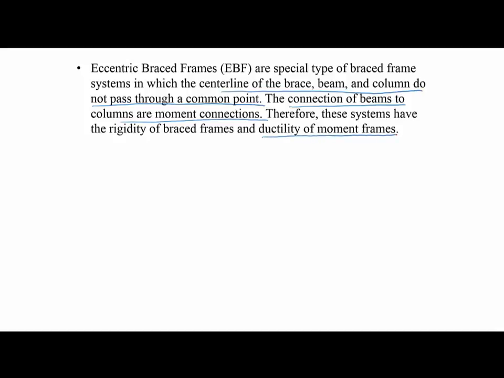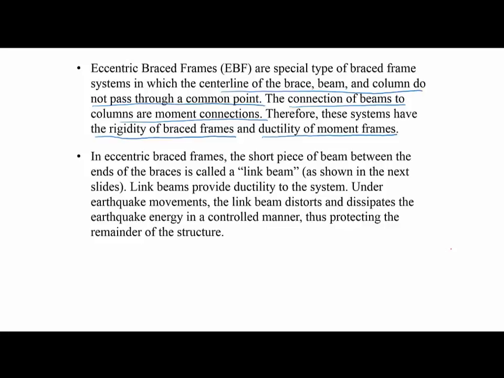Since they behave like moment frames, they provide more ductility. At the same time, since they are also brace frames, they provide more rigidity than moment frames. Then we have both the ductility of a moment frame and the rigidity of a brace frame within the eccentric brace frame. And that is in fact the advantage of eccentric brace frame, especially when we use them in a seismic zone.